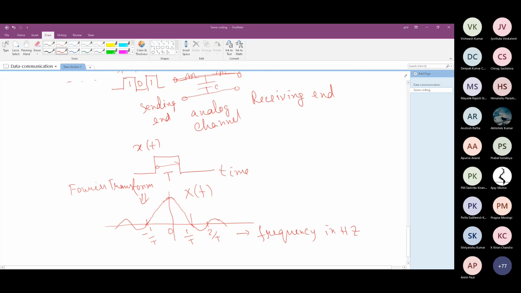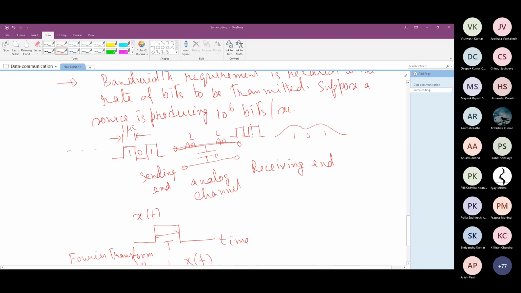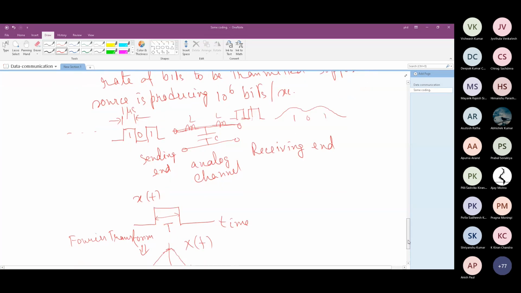Though ideally a perfect square pulse can be represented only by an infinite bandwidth. That is the basics of signals and systems. That's why I was saying that a physical medium always distorts this pulse. You cannot get a perfect square pulse on the other end.